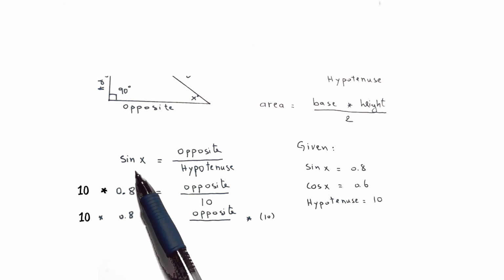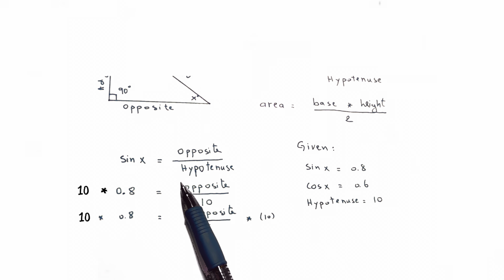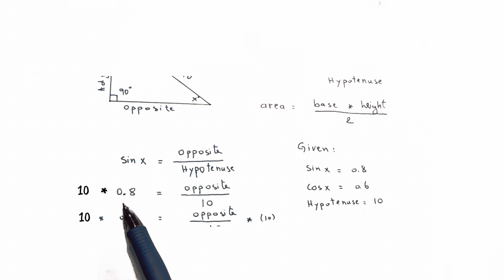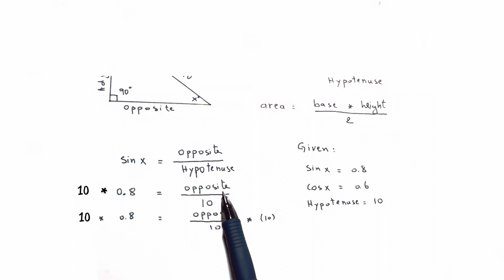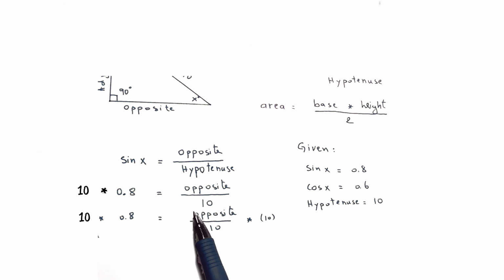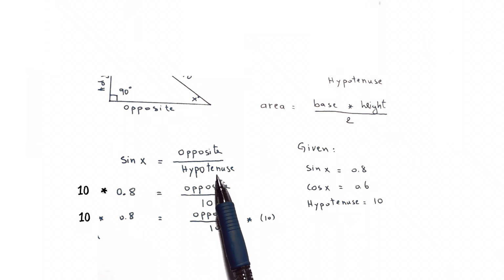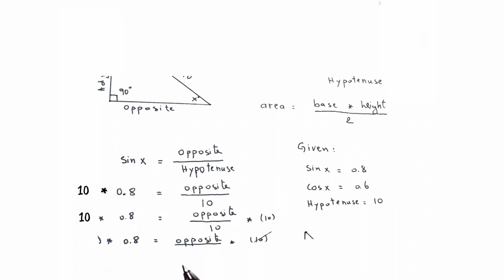So sine x is the opposite divided by the hypotenuse. The sine x is 0.8, and the opposite is not given, we need to look for it, and the hypotenuse is 10, so I replace it by 10.